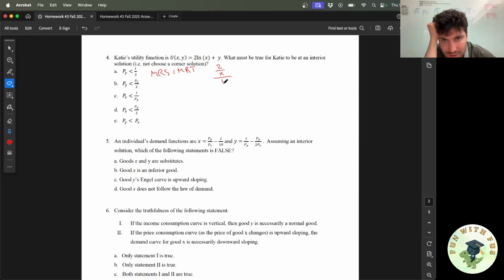MUY is just going to be 1, which is equal to price of x over price of y. For reference, when something is divided by 1, that's just the same thing it already is. So we get 2 over x is equal to the price of x over the price of y. And we get a cross multiplication cooking. So our 2py is equal to xpx.